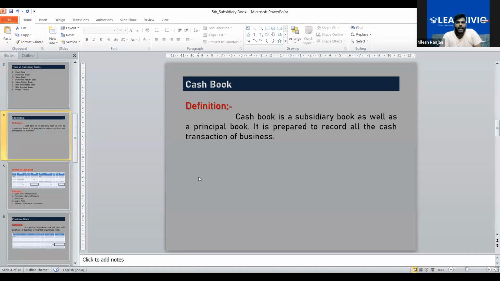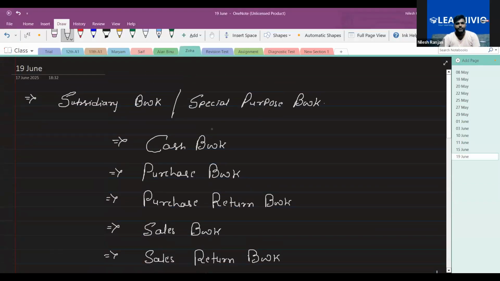And the second name of this subsidiary book is special purpose book. It is written here. It is created with a different purpose, like error finding, or so that things are not complicated.